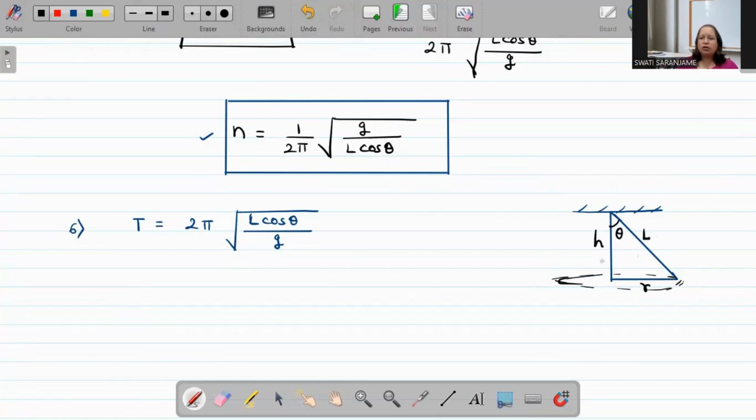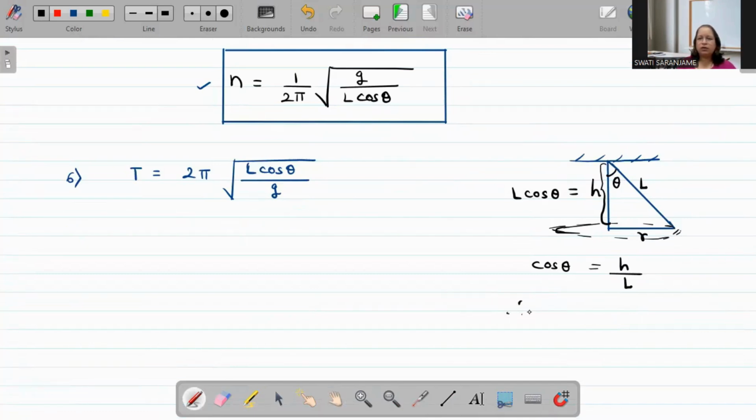Okay, so this h, which is the adjacent side to the angle theta, is nothing but L cos theta. Why? Since cos theta is adjacent side upon hypotenuse, so h will be L cos theta.